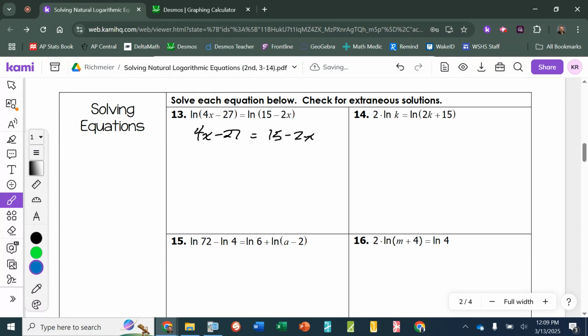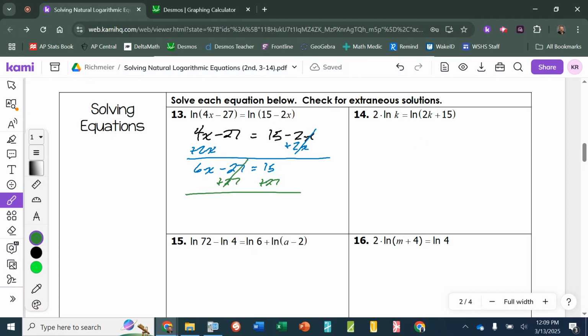So I'll come in and let's see. If I'm going to solve this, I'm going to add 2x to both sides. Move all the x's onto one side. This will give us 6x minus 27 is equal to 15. I got to finish solving. So let's see, I will go plus 27 to both sides.